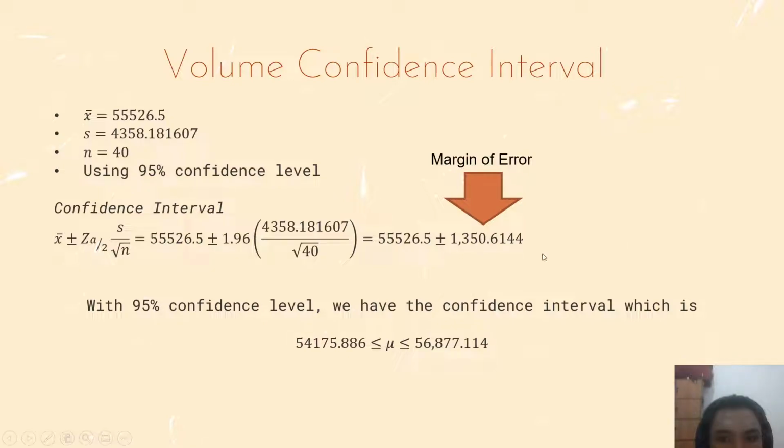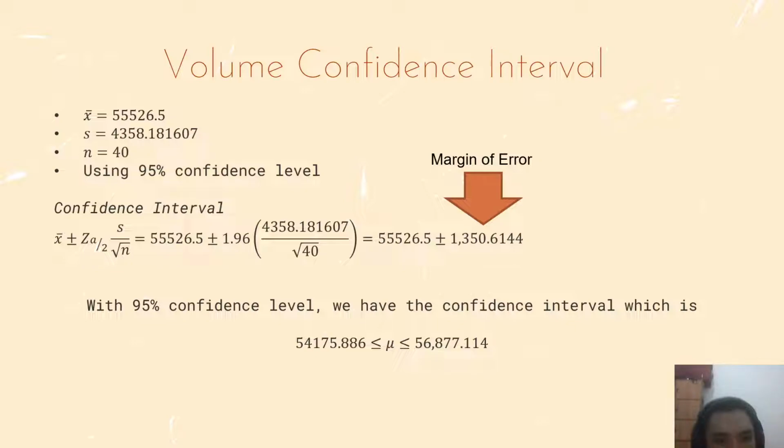As you can see, the critical value times the standard error actually equals the margin of error. So that's why this value is the margin of error. This value decides whether it will be added or subtracted by this number.